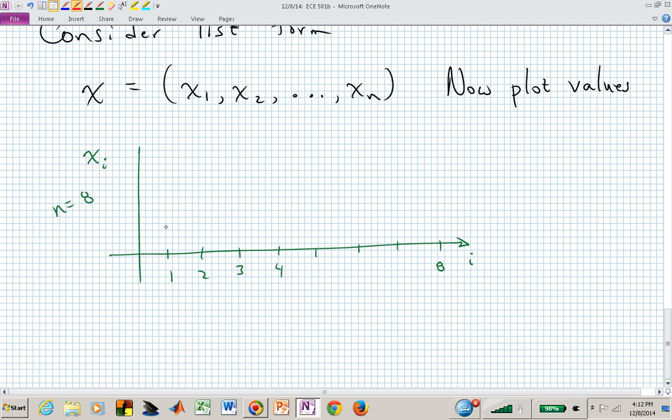And we could think of different points or numerical values, real numbers at each of those coordinates or in each of those positions of that list x. And you sort of see this shape.